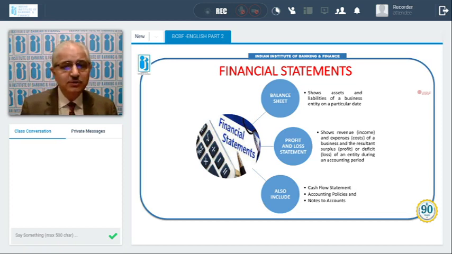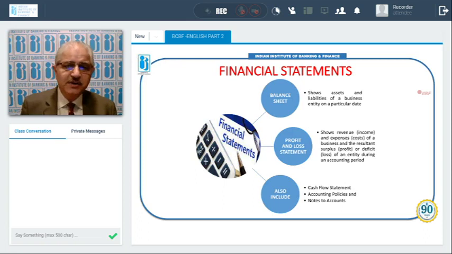So how do you do that? On one side, you show your revenue and income, and from the total of your revenue and income, you reduce your expenses. If your income is higher, you have earned a profit. If your income is less than your expenses, you have incurred a loss.